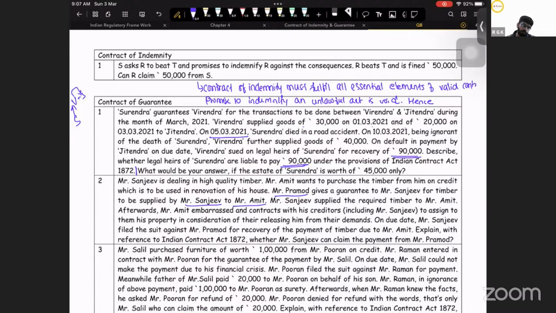So going by that provision, we can answer that since here the contract is entered between Amit and Sanjeev without the consent of Pramod, which has the effect of releasing Amit from the contract, Pramod cannot be held liable as his consent was not obtained before altering these terms and conditions. So this can be the possible answer in case of question number 2.